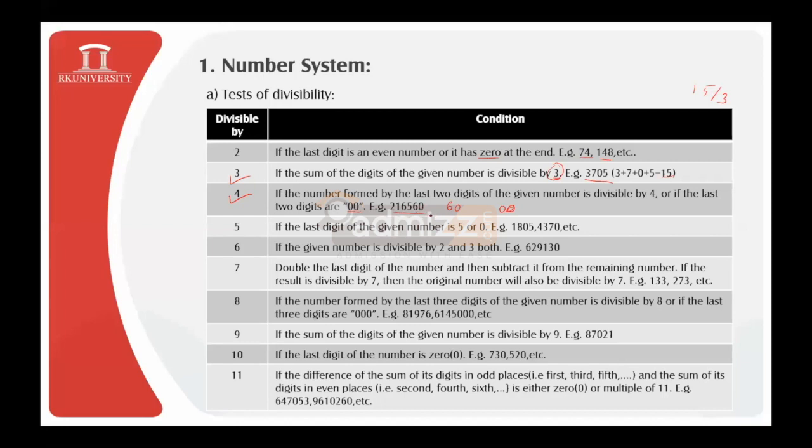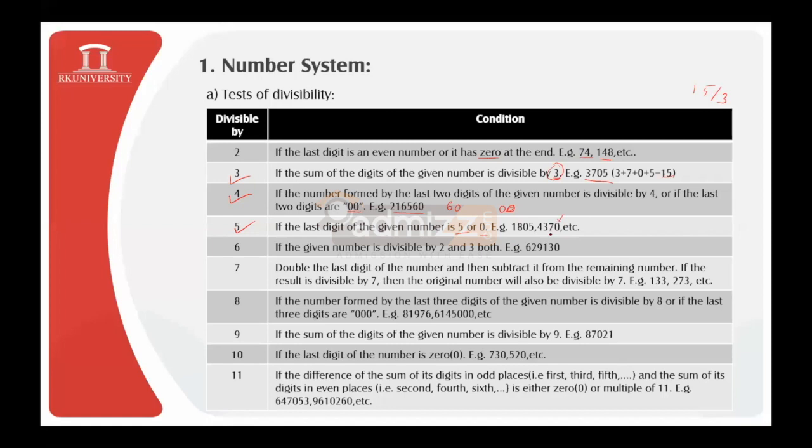So here 60 is given, so 60 is divisible by 4. That's why the number is divisible by 4. So you should have idea about this. Now number fifth, the end of the given number is either 5 or 0.